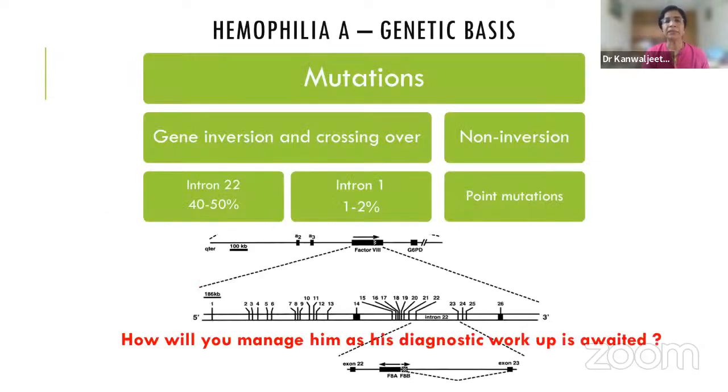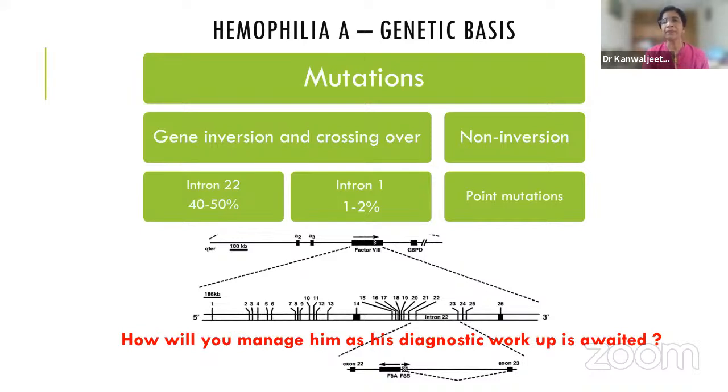Looking at the mutation, intron 22 gene inversion is the most common identified gene defect in hemophilia, in 40 to 50% of cases. So that is the first gene defect that we seek when we test for hemophilia A, followed by inversion of intron 1, which is less common.